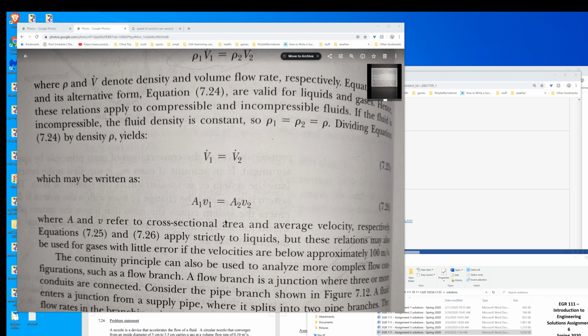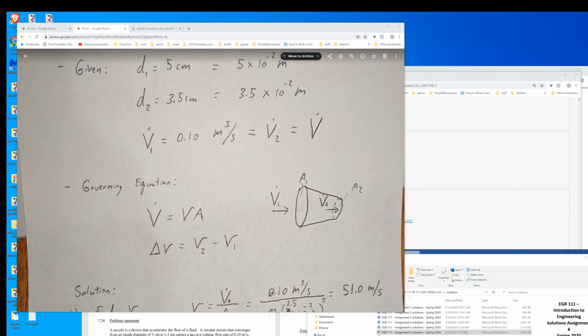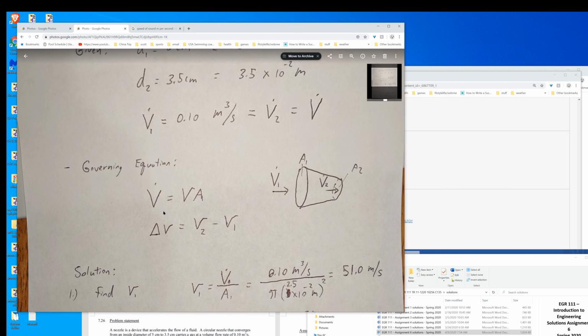The approach is first to use this idea that volume flow rate equals cross-sectional area times its velocity. That'll be the formula. Just taking a step back and looking at the formula that was used, here are the governing equations.